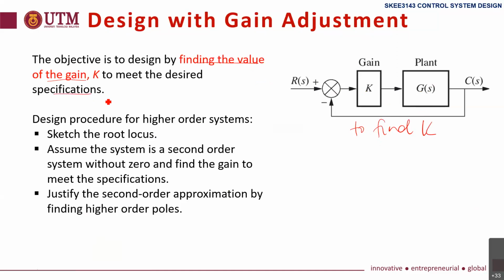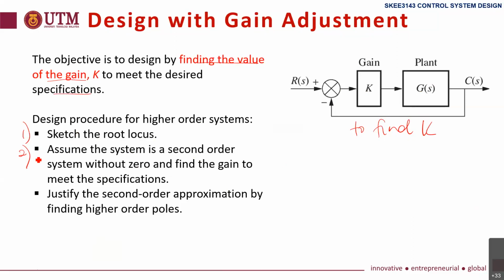These are the procedures in designing the gain adjustment control. First, we have to sketch the root locus. And then we assume the system is a second order system.